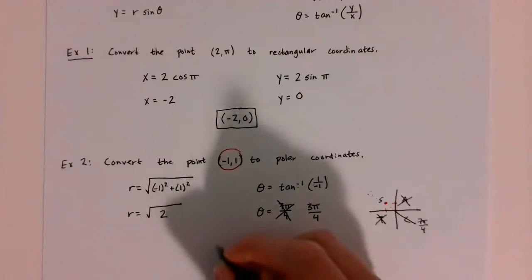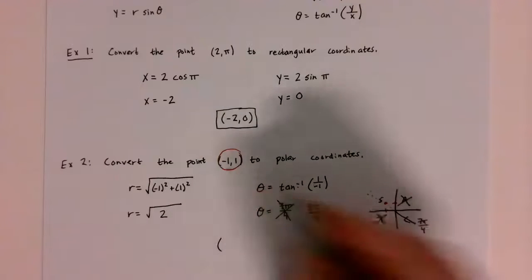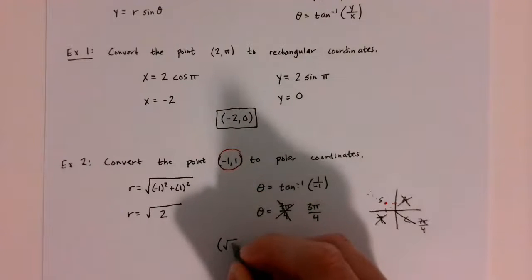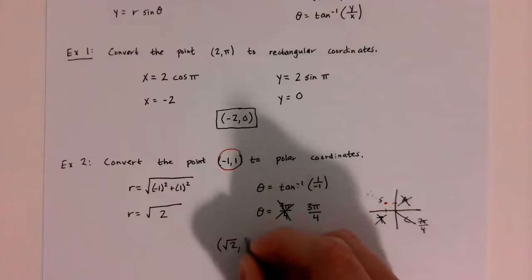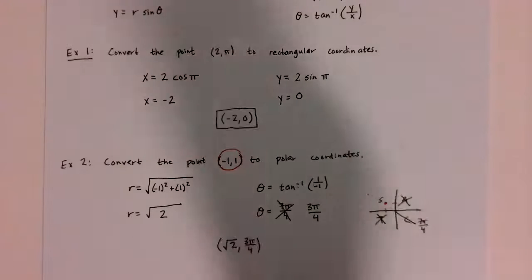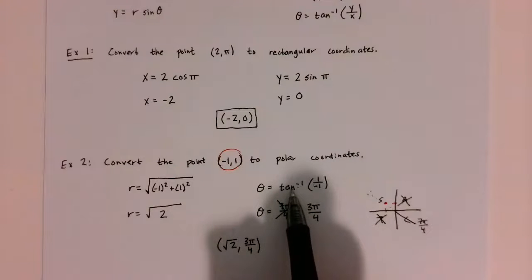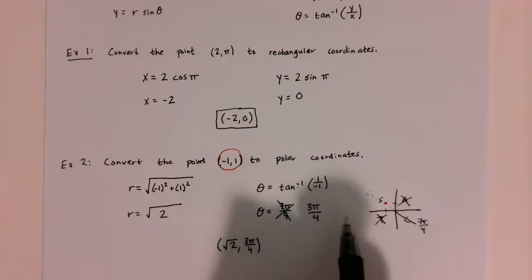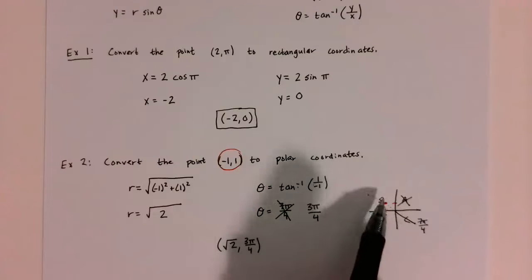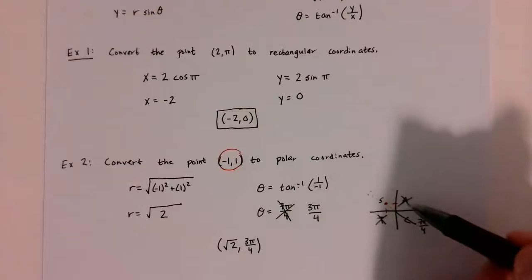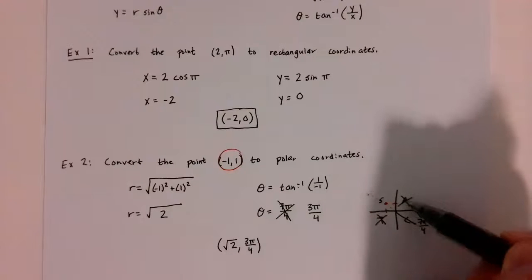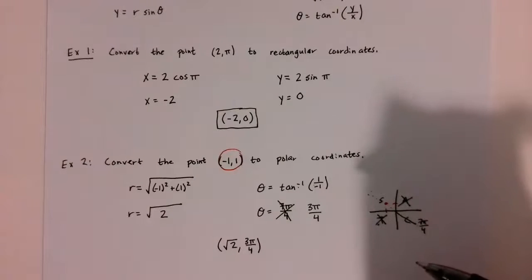So the correct polar coordinate for this problem is (radical 2, 3 pi over 4). Be especially careful when you're converting to polar, and remember that tangent can have a negative value in quadrants 2 and 4, and a positive value in quadrants 1 and 3. So keep that in mind when you're solving.